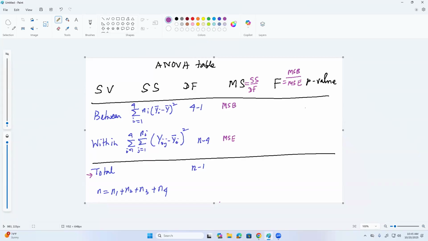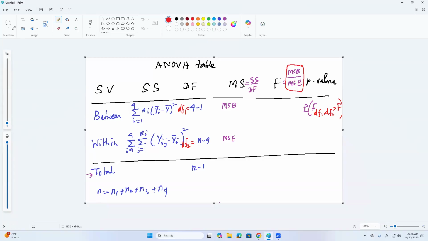And this is the p-value. How is it calculated? It is the probability that an F random variable with degrees of freedom df1 comma df2 is greater than this value, whatever you calculated.